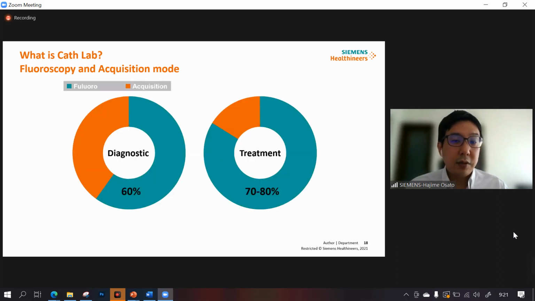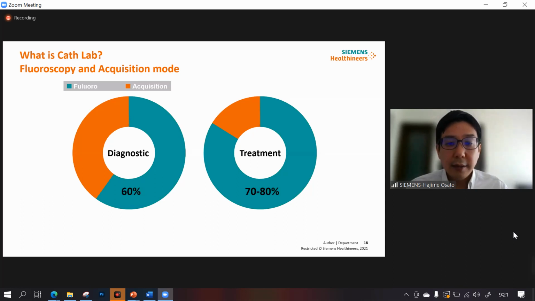So this is a trend of exposed type between diagnostic case and treatment case. In the diagnostic case, the rate of fluoro is around 50 to 60%. The procedure time is also shorter than the treatment case.